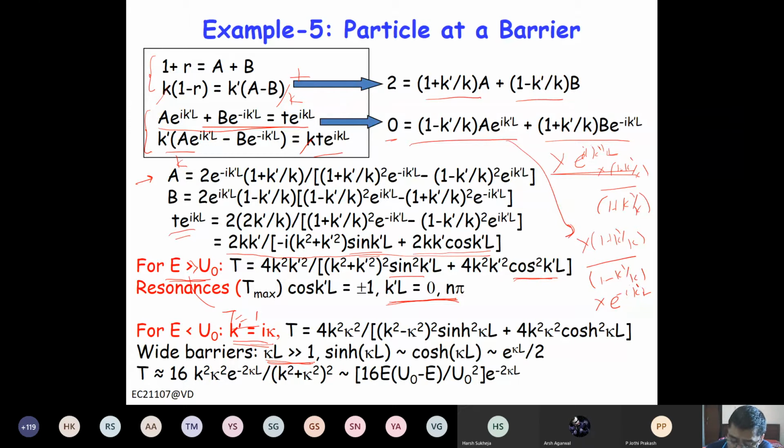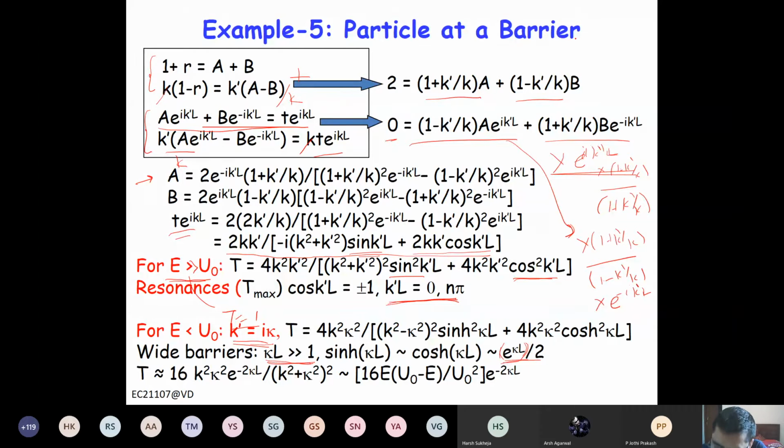And for a thick barrier, you can write sine hyperbolic and cos hyperbolic as e to the power KL, whole thing divided by 2. It's not the power divided by 2, right? Because sine hyperbolic is e to the power KL minus e to the power minus KL, and because KL is large, e to the power minus KL will be very small.